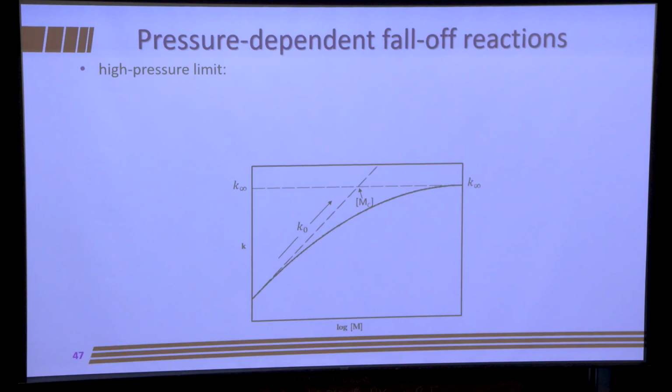And so if we look at this, the high pressure limit rate constant for dissociation is equal to K1 all over K minus 1 times K2, and the high pressure limit for recombination is equal to the reverse rate constant for reaction 2.